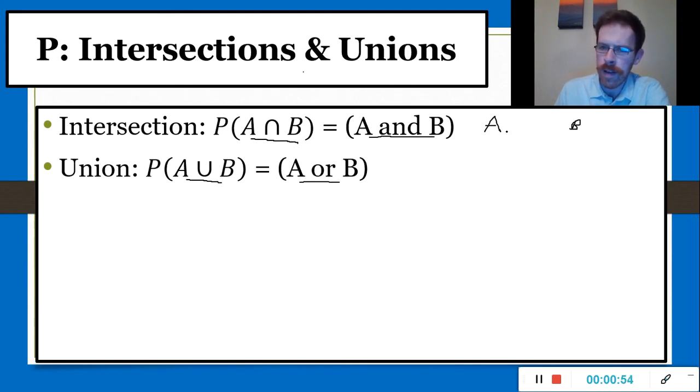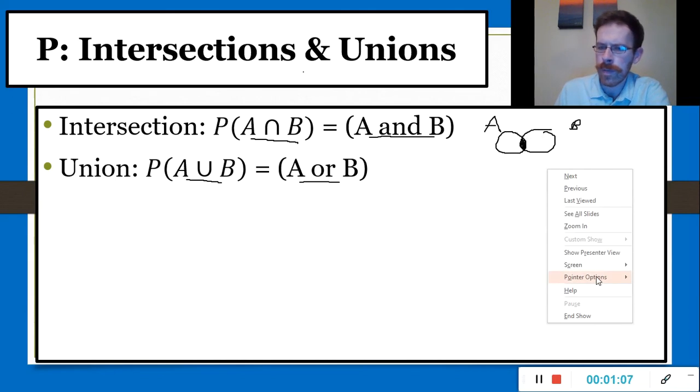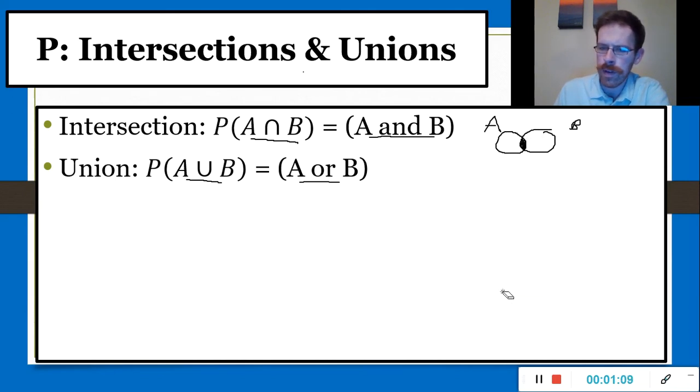One of the easiest ways to see this is through Venn diagrams. Now if I have A and B and they're represented with a Venn diagram, the intersection for this one would be this spot right here.